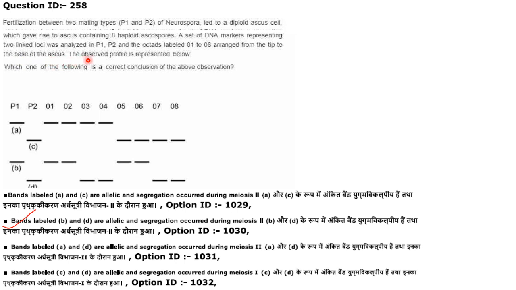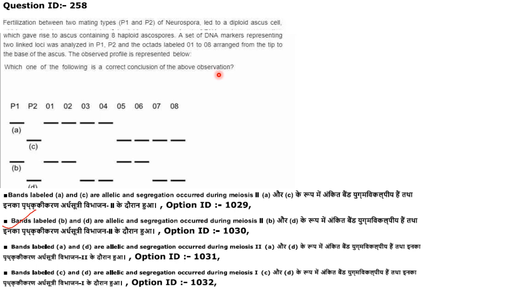The observed profile is represented below. Which one of the following is a correct conclusion of the above observation? So fertilization between two mating types, P1 and P2, you will get two ratios. In first division segregation you will have a 4:4 ratio. In second division segregation you will get two types of ratios, one is 2:2:2:2 and the other is 2:4:2.